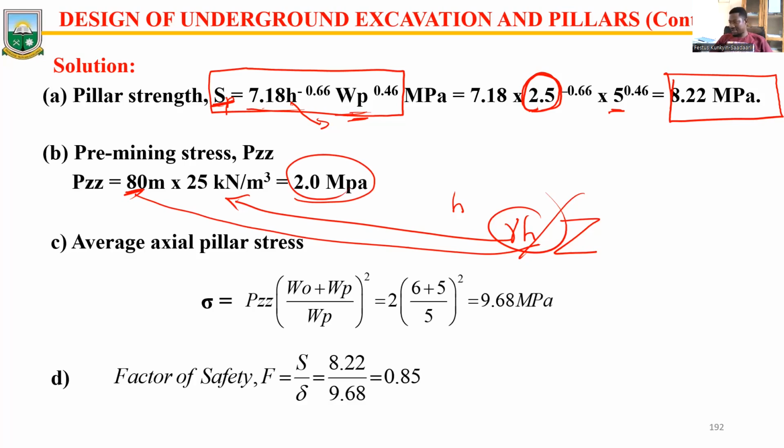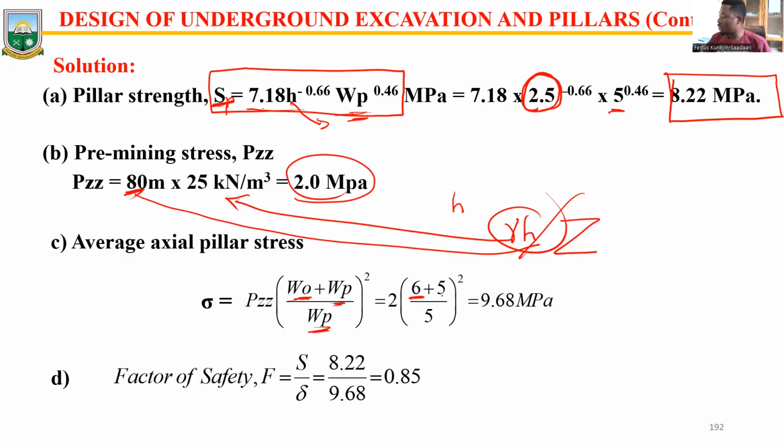Then your axial pillar stress. Axial pillar stress is the width of ore plus width of pillar, over width of pillar. So width of ore, which is the room span, was given as 6.